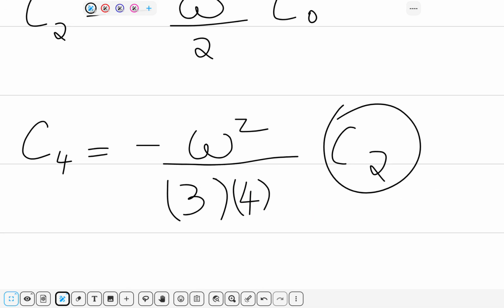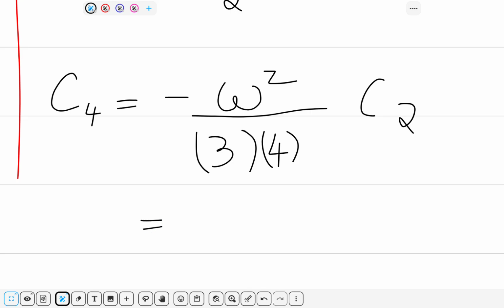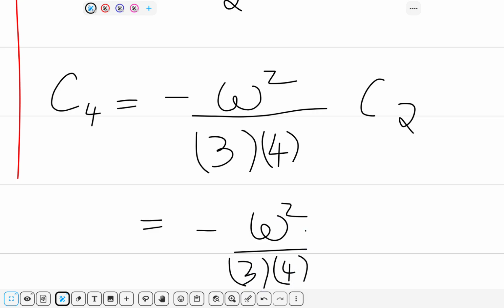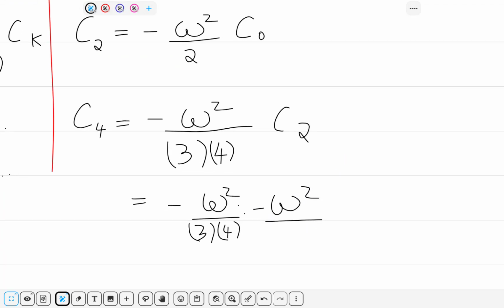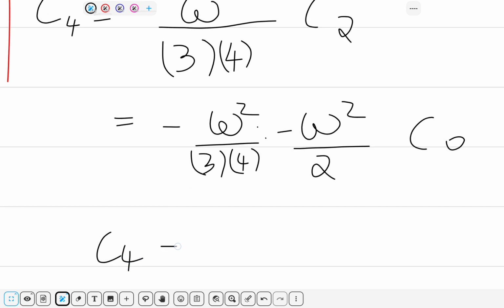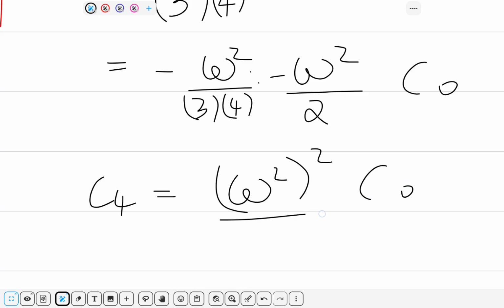I know the value of this coefficient as well, which will be minus omega square times minus omega square by 2, divided by 3 times 4, times C0. So C4 can be written as omega square whole square C0 by 4 factorial.